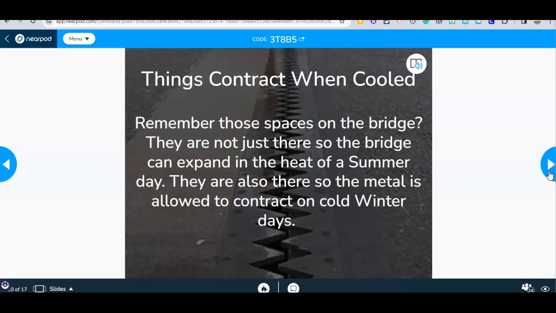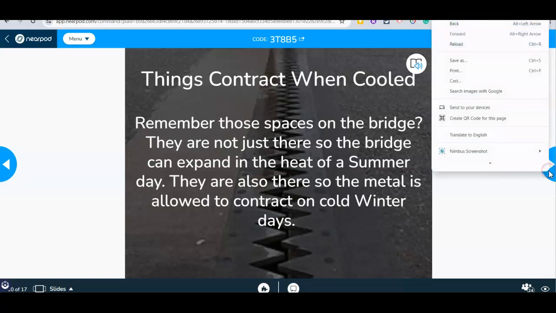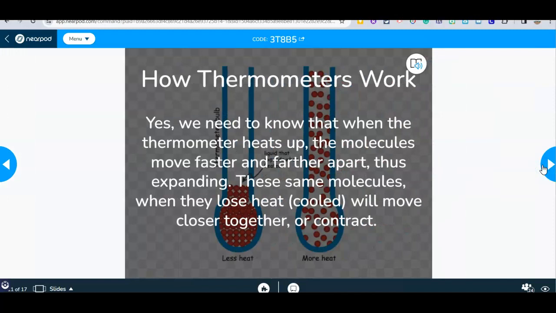They are there not just for expansion, Knox, they're there for contraction as well. To be an engineer, you have to understand what material you're using. You have to do the experiments, or at least read the experiments on how they contract and expand before you start building something major. Otherwise, you could really cause something that's pretty bad.